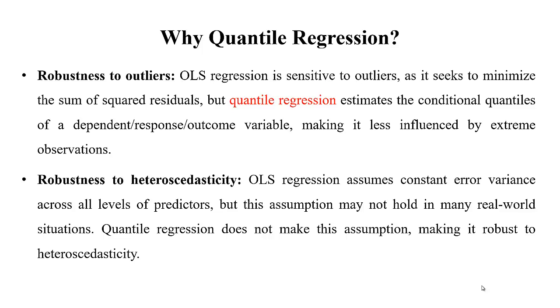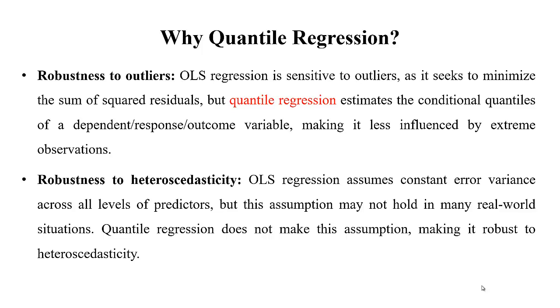first point, which is robustness to outliers. OLS regression is sensitive to outliers because it seeks to minimize the sum of square residuals. And also take note, OLS regression estimates the conditional mean, so it may not be able to capture other observations that are far from the mean.